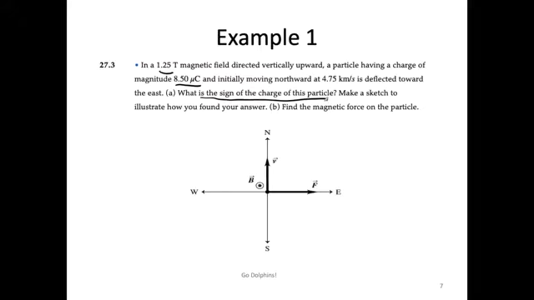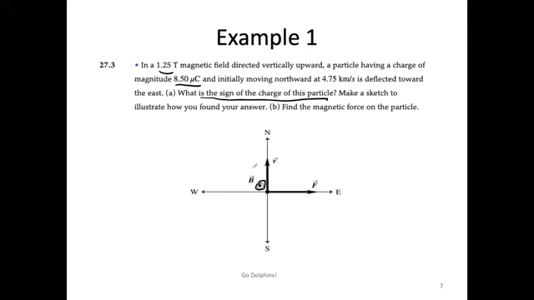So we need to use the right-hand rule, right? We first use our forefingers in the direction of V, and then curve them in the direction of B. So what's the direction of B? You see a dot, so it means it's pointing out of the screen.